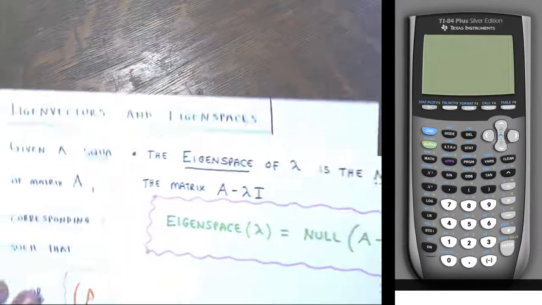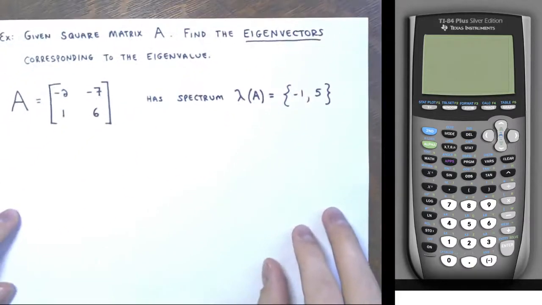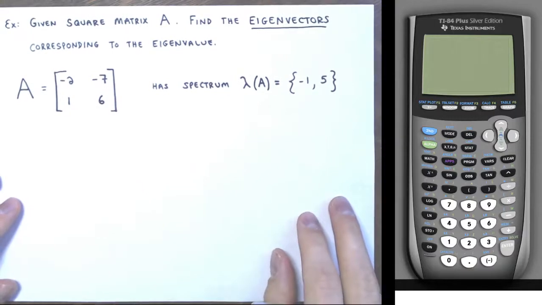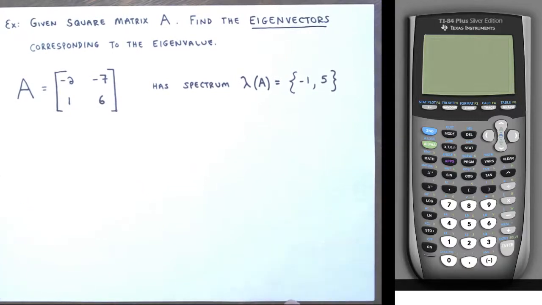So what I'm doing for the rest of the video is I have these examples of square matrices, and I have written their spectra. Remember, the spectrum is just the set of all the eigenvalues, the solutions to that characteristic equation from the last video I made.